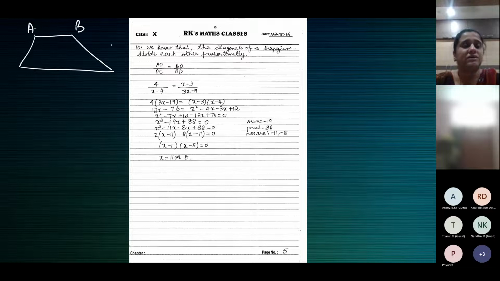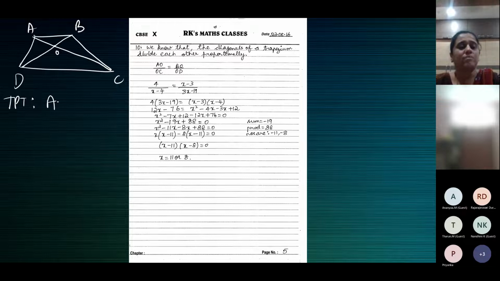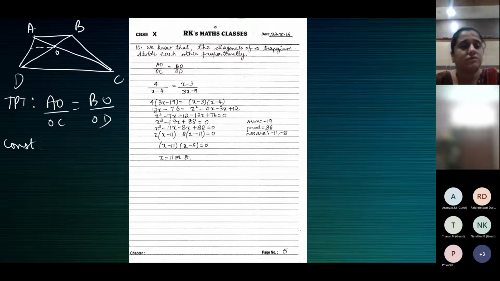Trapezium ABCD given. Diagonal AC and diagonal BD intersect at O. We have to prove that AO by OC is equal to BO by OD. Construction: draw OM parallel to AB.